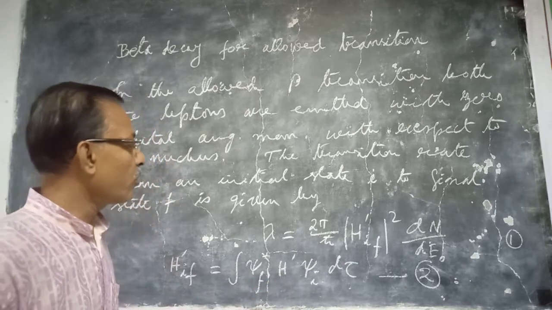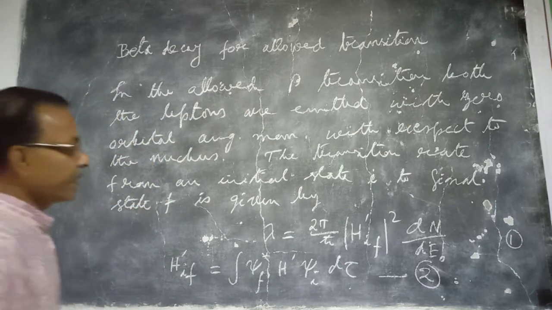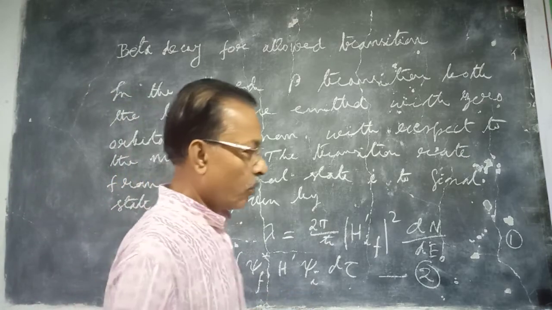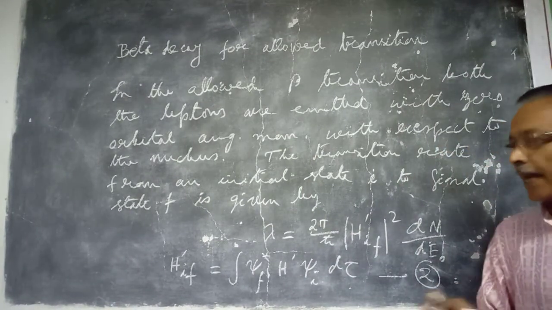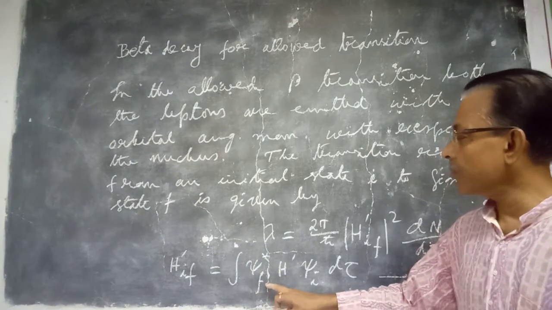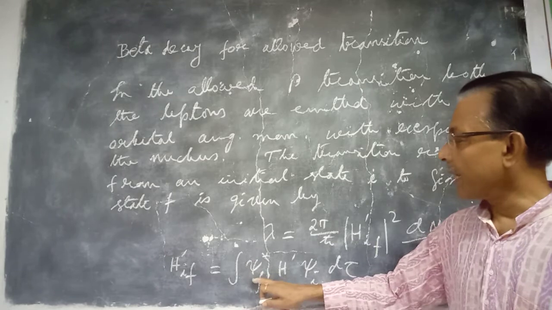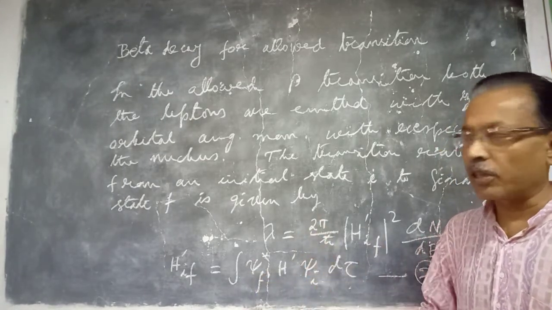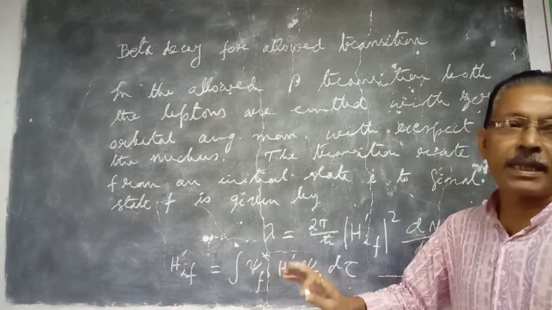So H prime is a constant quantity for simplicity of calculation, and the initial state is the wave function of the beta unstable nuclei, the parent nuclei. And the final state is the product of the wave function of the daughter nuclei, an electron and an antineutrino, or in case of positron emission, the daughter nuclei, the positron wave function and the neutrino wave function.